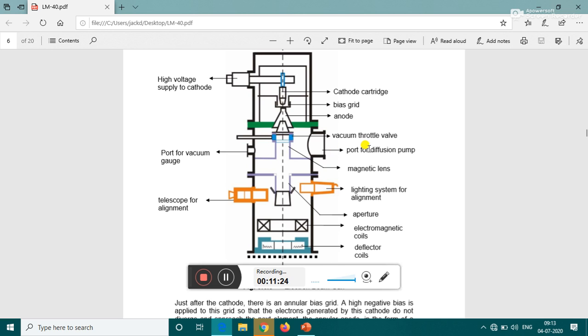The vacuum is created by using a diffusion pump and this vacuum throttle valve. With the combination of the diffusion pump and the vacuum throttle valve, you create vacuum, and for that we have a port for the diffusion pump. And to measure the vacuum pressure, which is generally between 10 raised to minus 4 to 10 raised to minus 6, just let me check that.